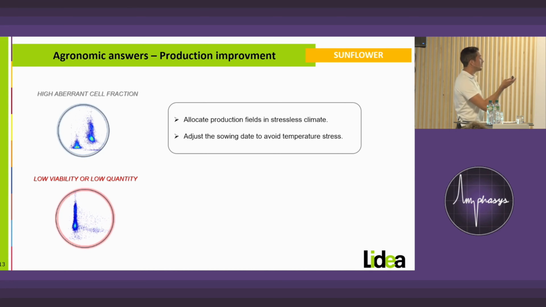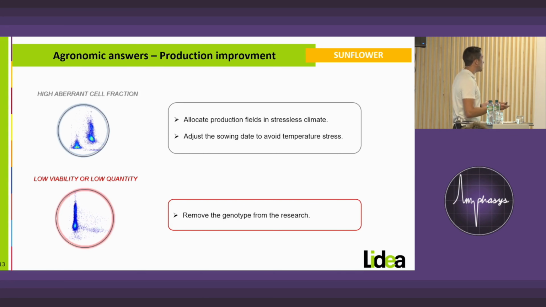Also, it's possible to adjust the sowing protocol to sow the production field early to avoid the period with high temperature. And concerning the low viability or low quantity group, unfortunately, we asked to remove this genotype from the research to avoid a risky production in the production department.